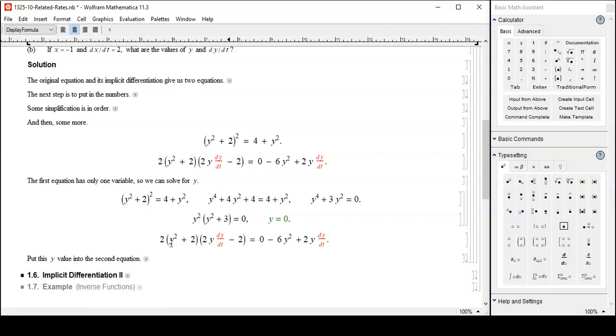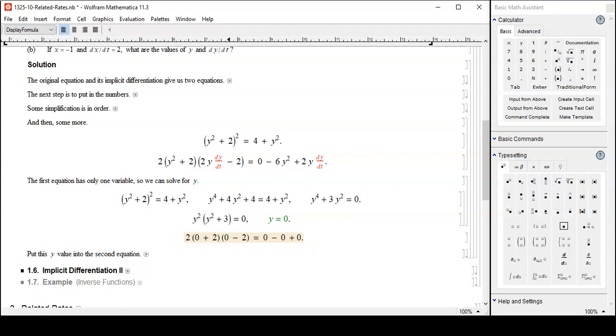Let's plug in y equal to 0. So that's 0. So that's 0. Plug in 0. So 0 times something, so this entire thing is 0. Makes sense? Y is 0. 0 times 6, so that's 0. Y is 0, so 2 times 0 times something is 0.